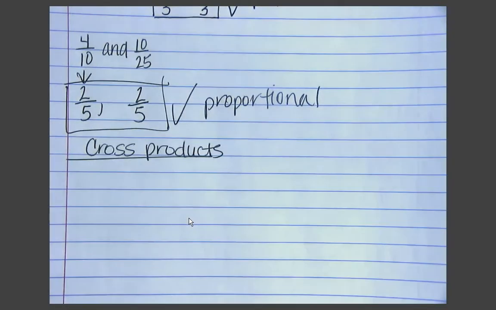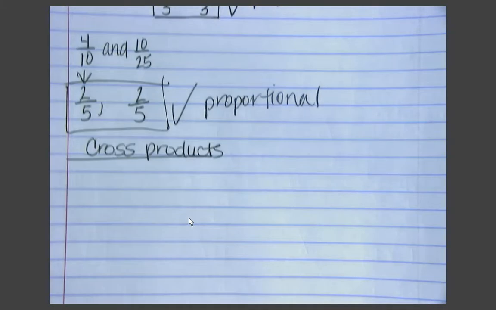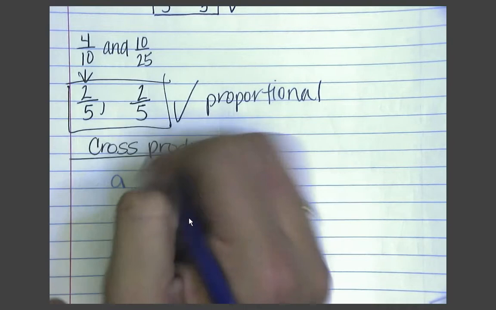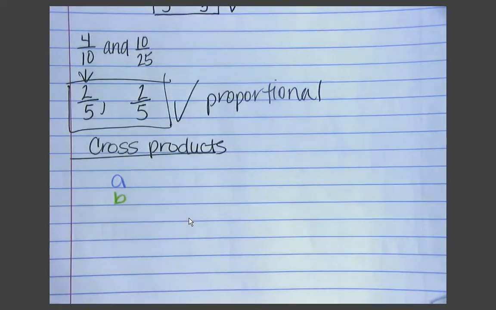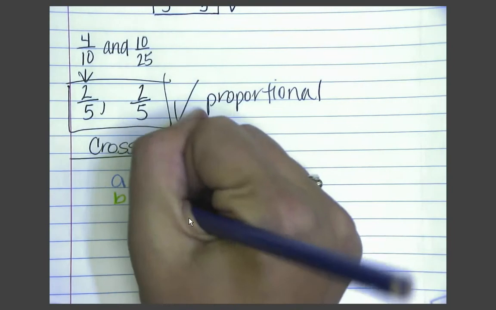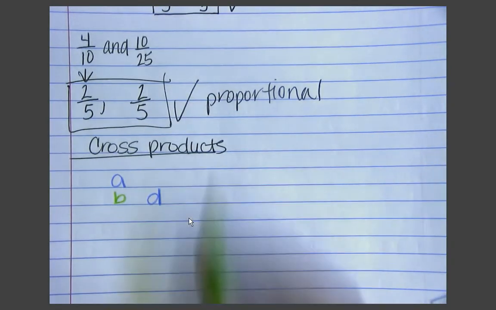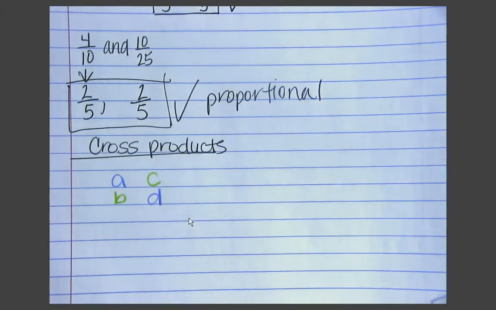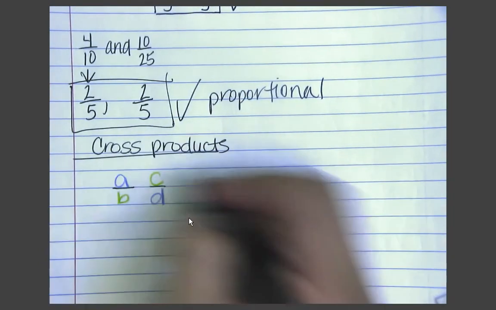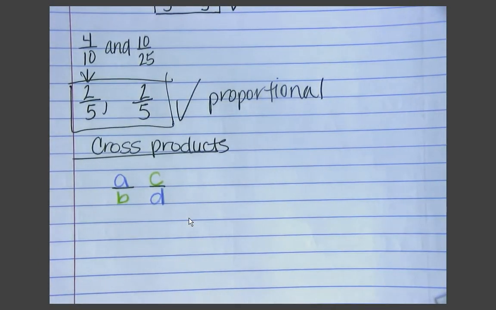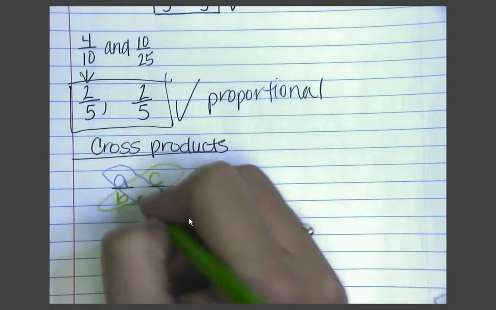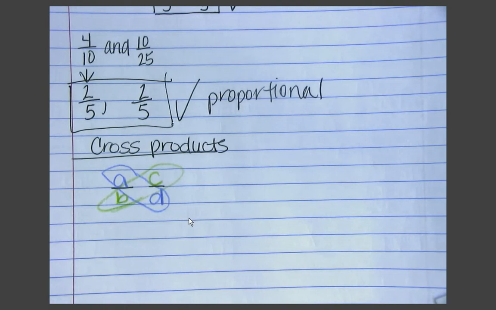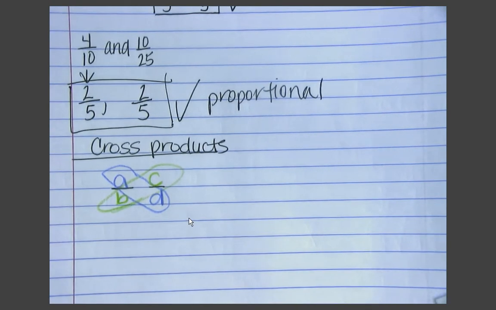Now I'm going to use a couple different colored pencils just for you to be able to see a little better what I'm talking about. So that's A, this is B, okay, so these are cross products. That means that these two right here and these two right here multiplied together, a product means an answer, should equal each other if they are proportional.